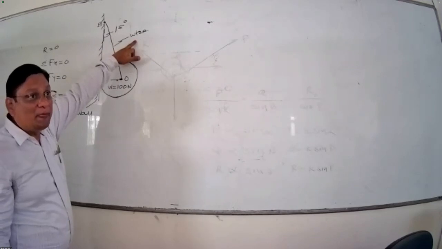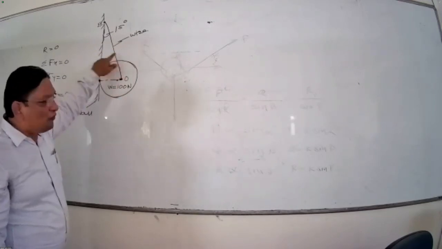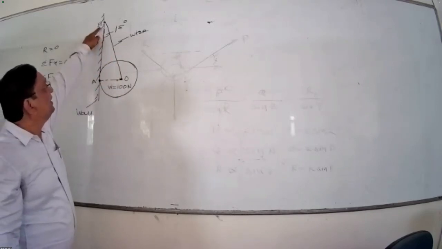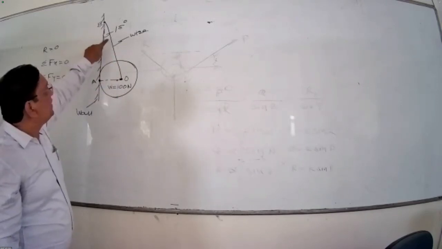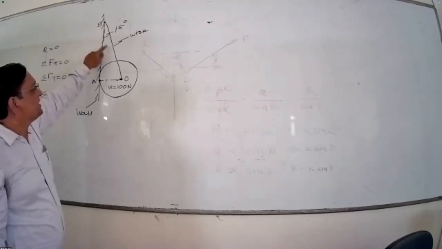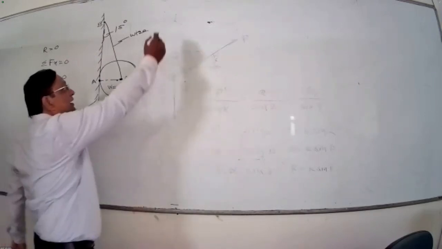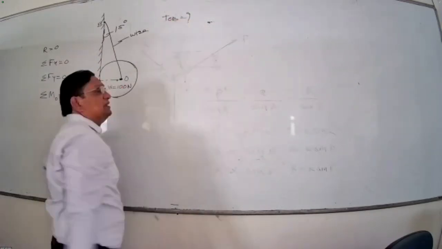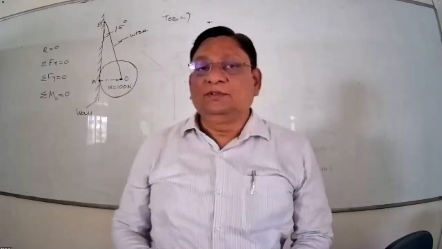So this cylinder of weight 100 Newton is supported against a vertical wall and connected by a cable OB, which is making an angle of 15 degrees. He is asking what is the tension in cable OB. So T_OB equals what? Did you understand the question? Has the question been understood? Anyone answer please?